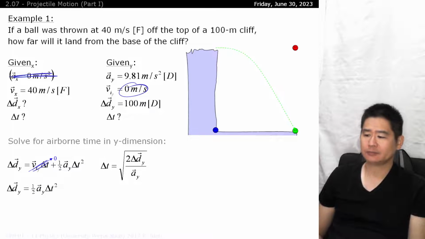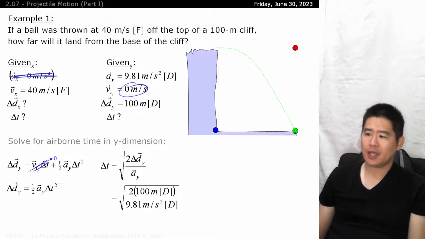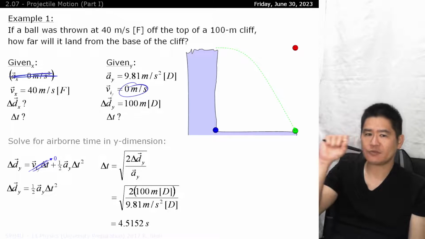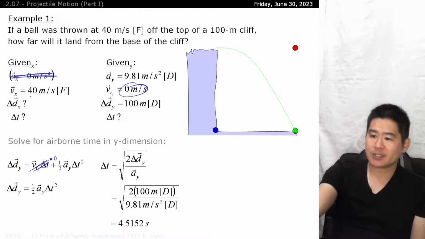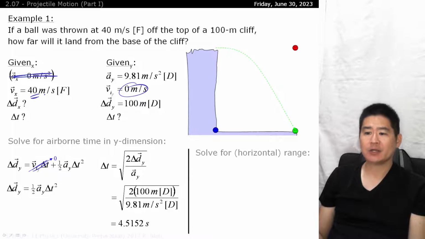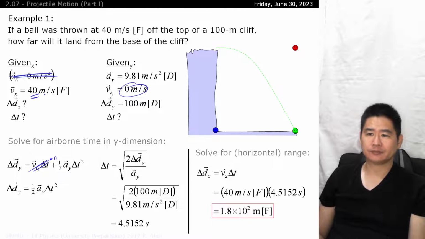Sub all the values in, crunch it through, and this is the amount of time it takes for it to fall: 4.5 seconds. Well, if it takes 4.5 seconds to fall, then it must also take 4.5 seconds to travel across at the speed of 40 meters per second. So you'll multiply the 4.5 seconds by 40 meters per second, and that'll get you to your final answer.